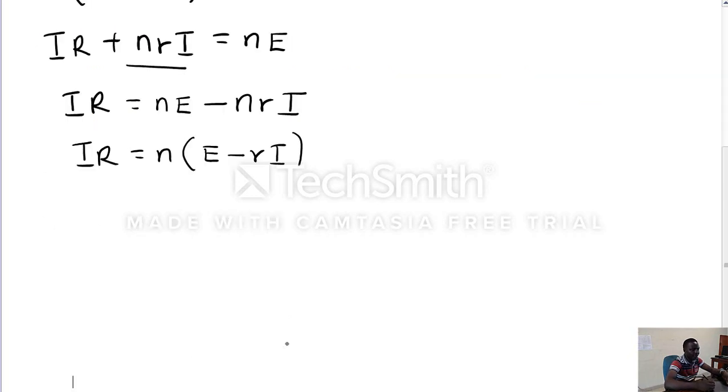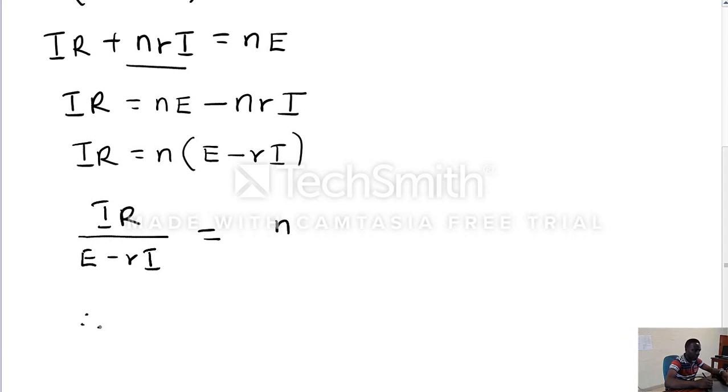I have singled out n. Next is to make n the subject of the formula by dividing both sides by bracket E minus r I, and that will give us I r divided by E minus r I is equal to n when you divide both sides.